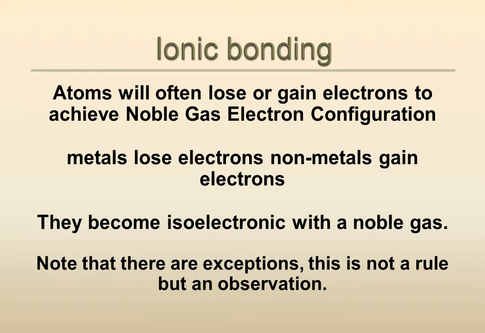It is always a very shaky area because there are always exceptions to these rules. Note that word isoelectronic as well. Same number of electrons, so they will tend to go to be isoelectronic with a noble gas.